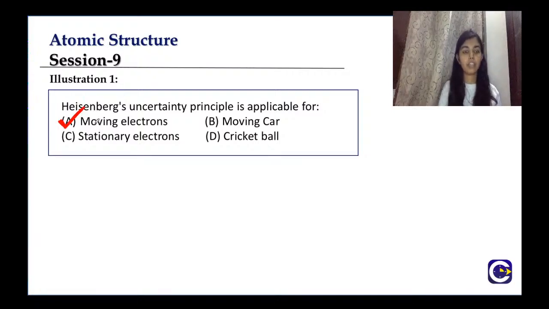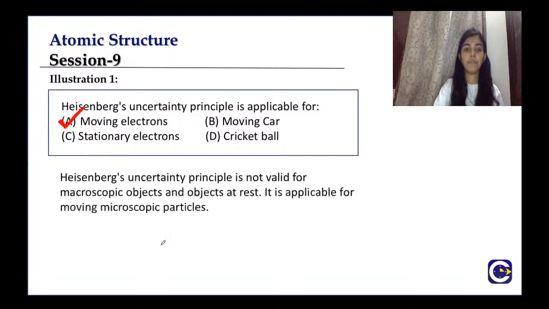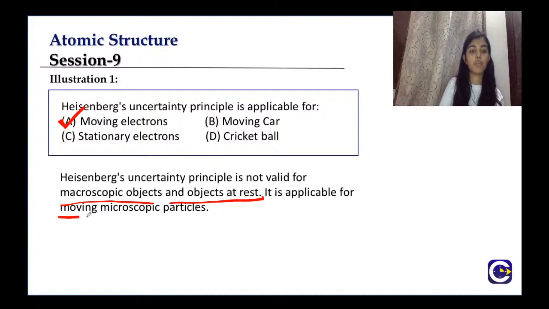It does not explain, or it is basically not valid, for macroscopic objects and also for stationary microscopic particles. Yeah, you are also correct with your answer. So Heisenberg uncertainty principle is not valid for macroscopic objects and objects at rest. Rather, it is only applicable for moving microscopic particles. Okay.